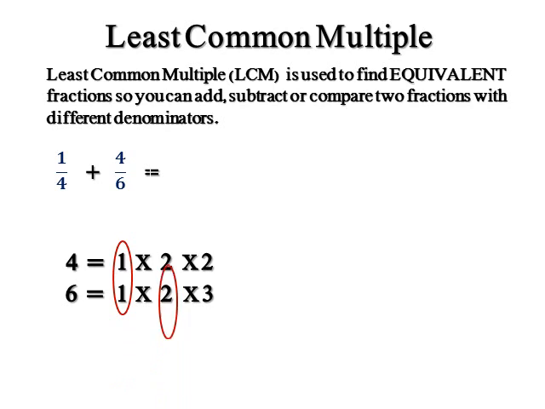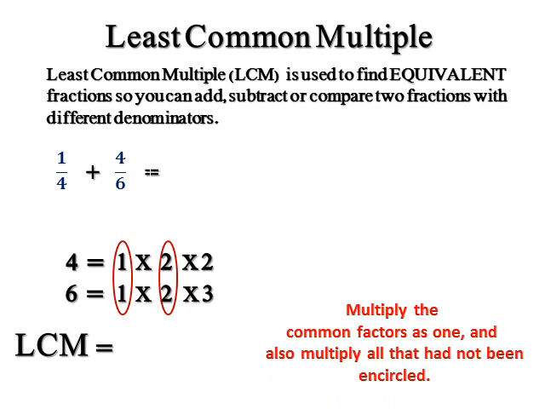How do we get the LCM? We encircle the common factors. In this case, we circle 1. In the greatest common factor, we do not encircle 1. In the least common multiple lesson, we circle 1s. How to get the LCM?